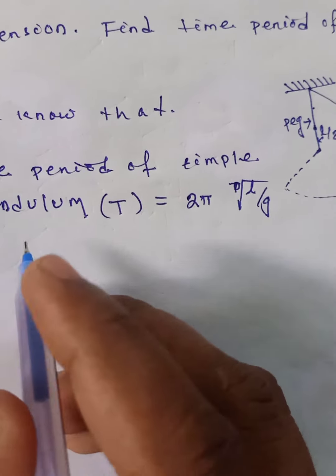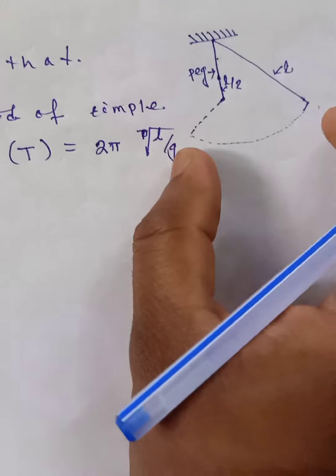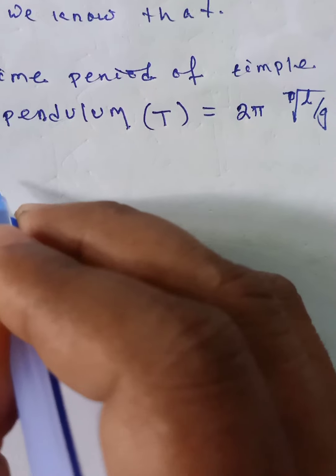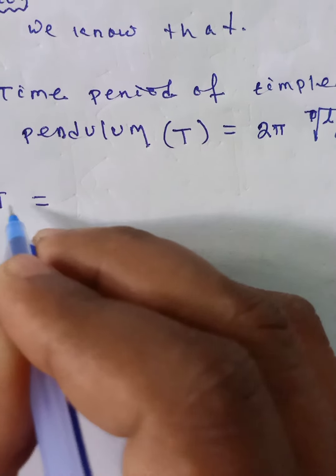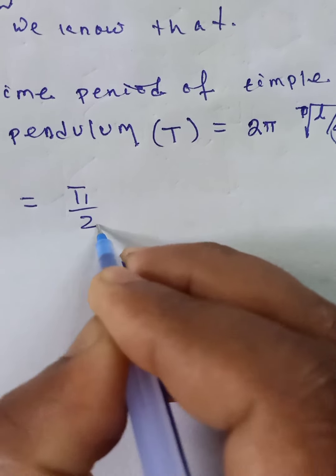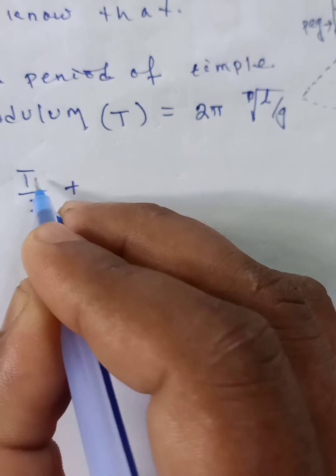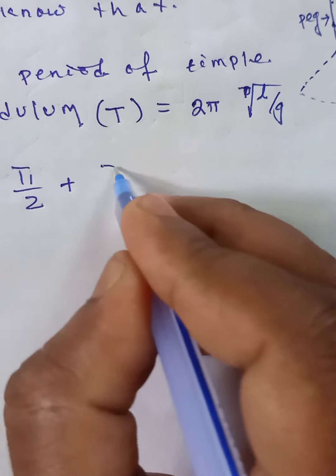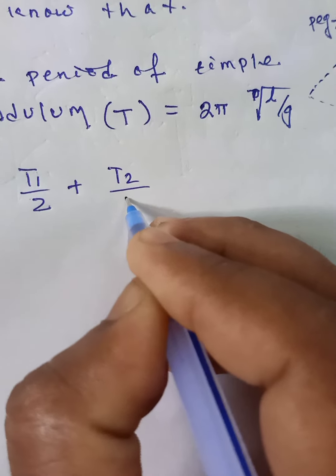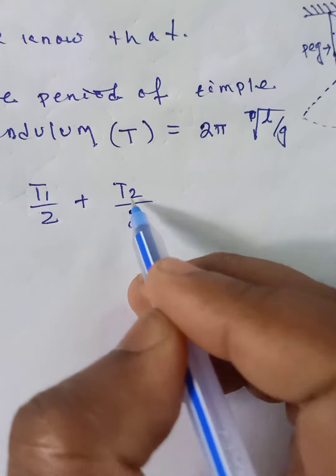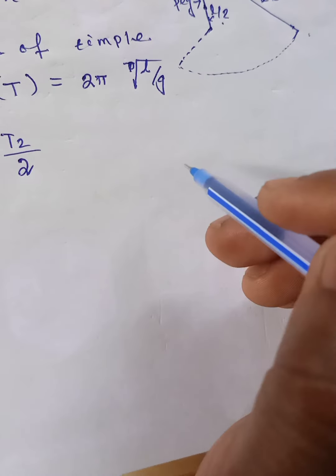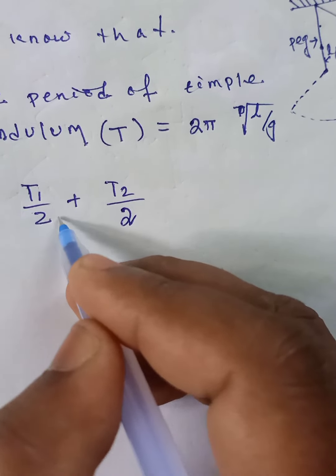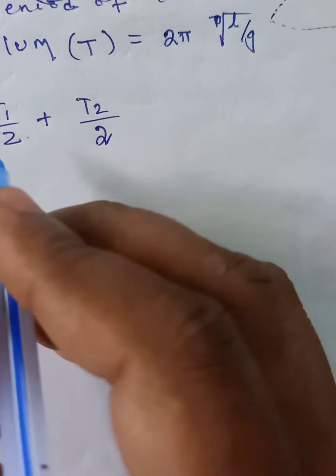And now the total time period of this given diagram. The total time period equal to T means the total time period is T1 by 2 plus T2 by 2, where T1 is the time period of the simple pendulum and T2 is the time period with the peg. So the total time period equals T1 by 2 plus T2 by 2.